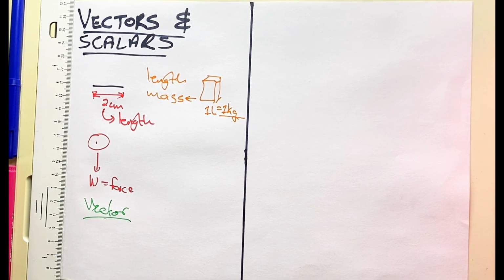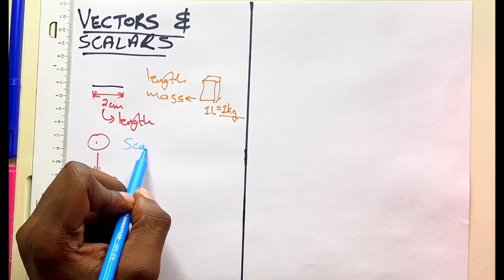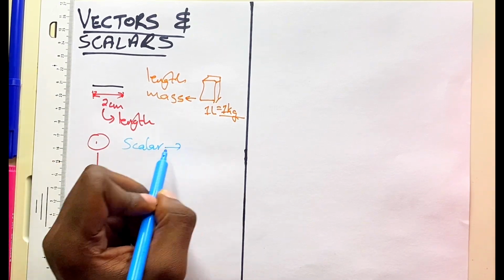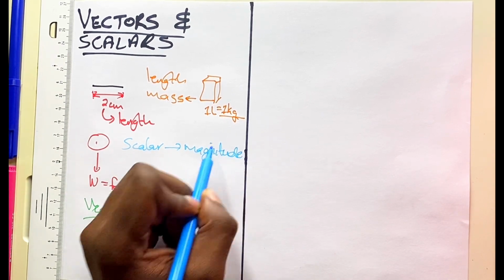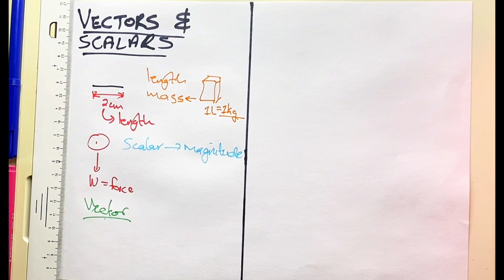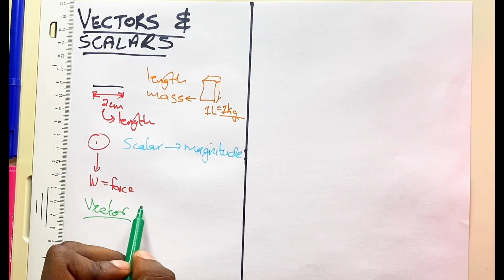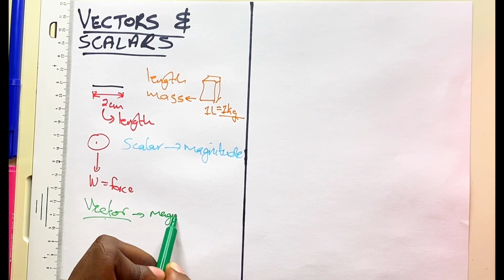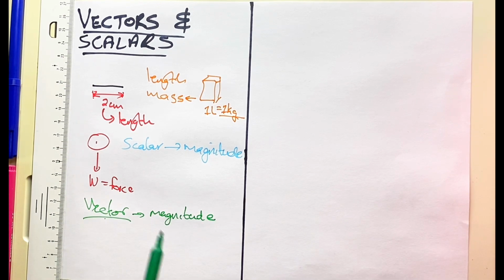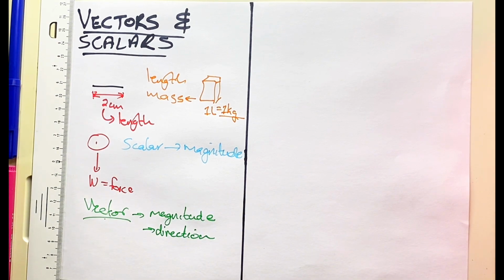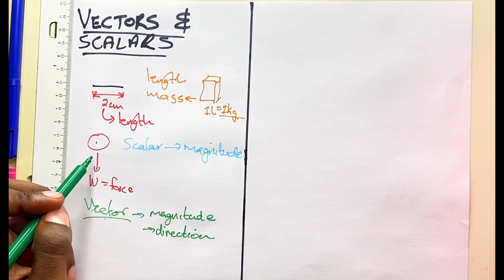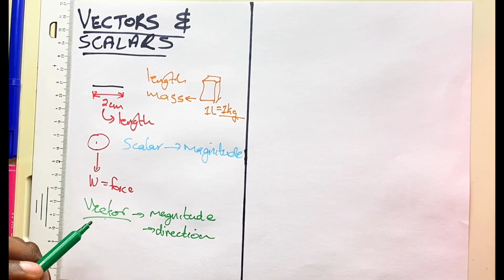So we can explain this concept by comparison: a scalar quantity is a physical quantity that you can represent using its magnitude, but a vector quantity can be represented using not only the magnitude but also direction.